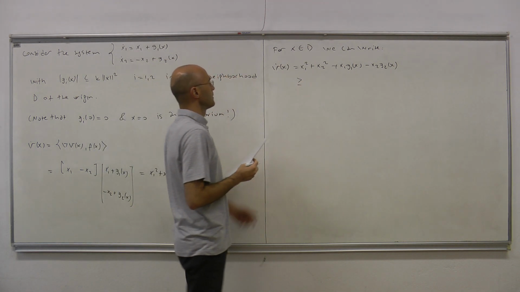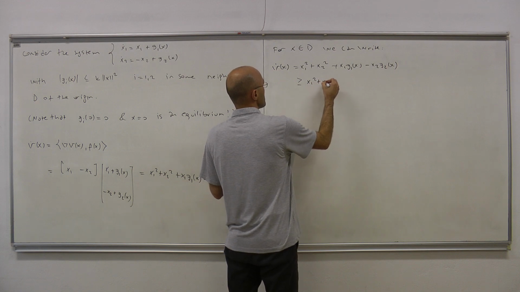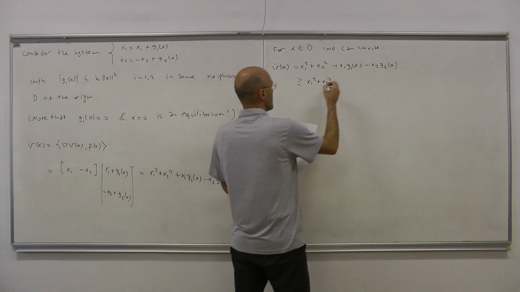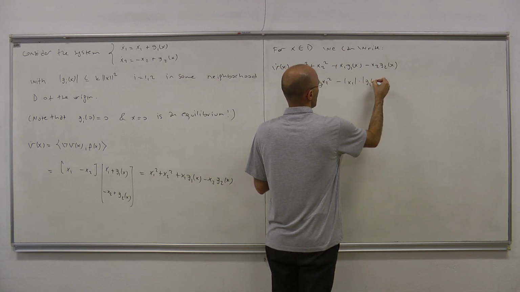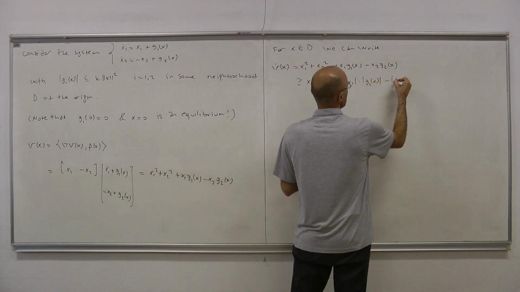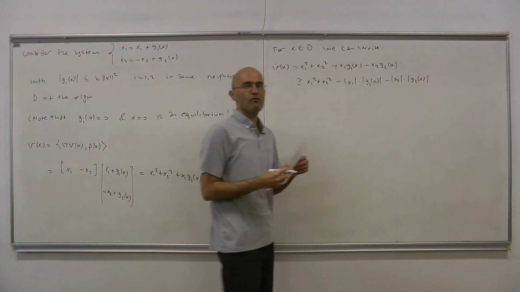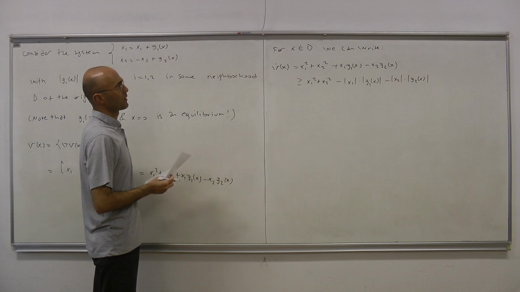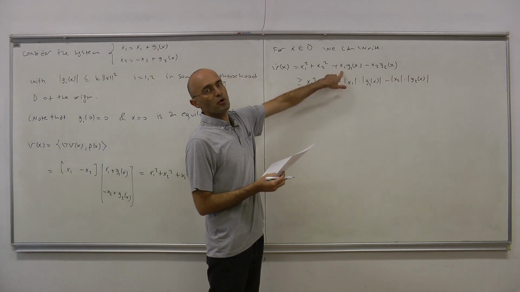So that's greater or equal to x1 squared plus x2 squared minus the absolute value of x1 times g1 of x minus the absolute value of x2 times g2 of x. So this could be either positive or negative.